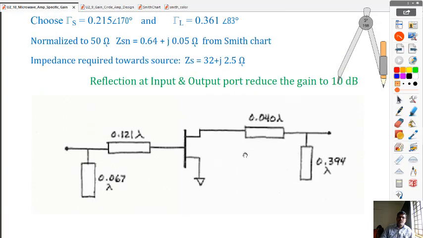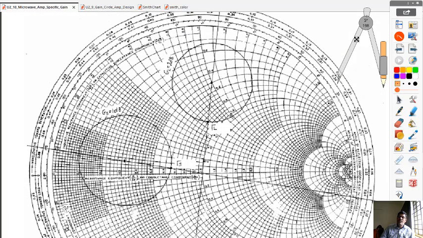Once you transform those two values, now you have a compass, make it as a center, and the radius computed by using this step. Now you draw the circle.